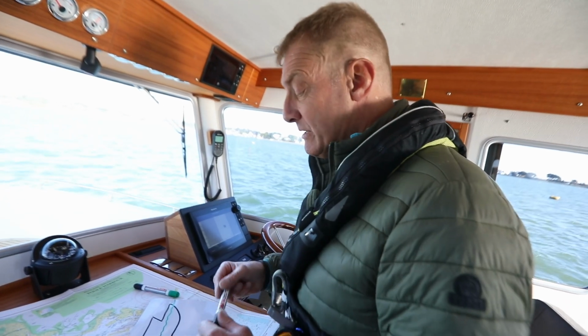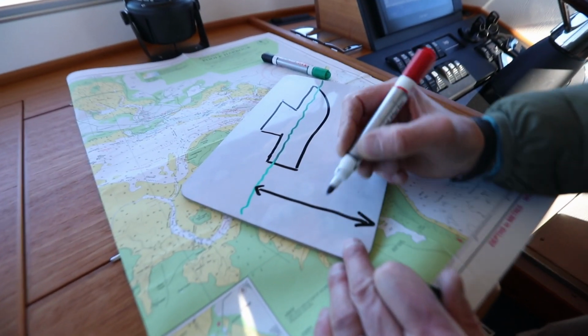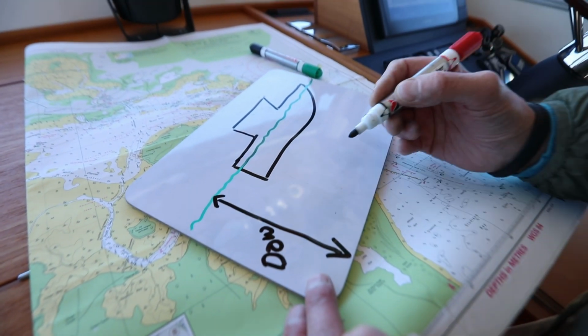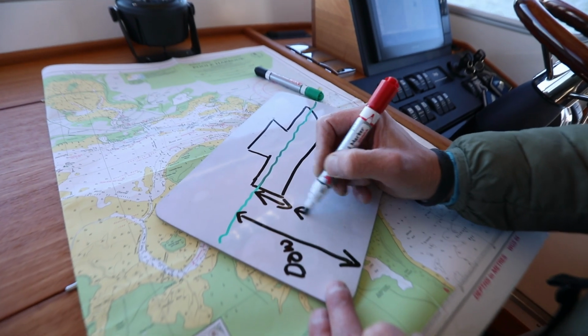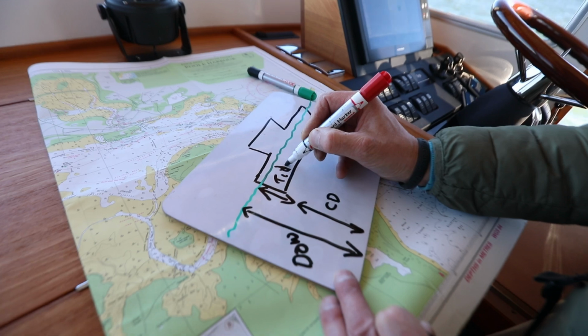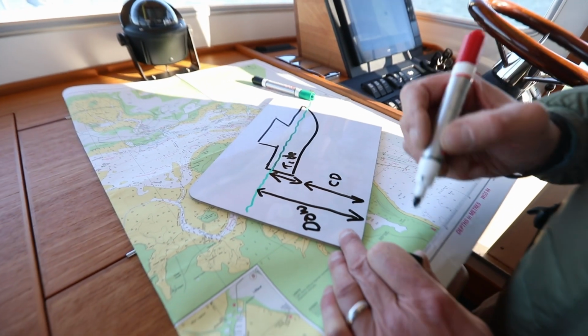There's the water and there's our seabed. That's the depth of water, DOW. That's made up of a bit of tide and a bit of charted datum and tide. Those two combined give us the depth of water, and that's what we want to know at any particular moment.